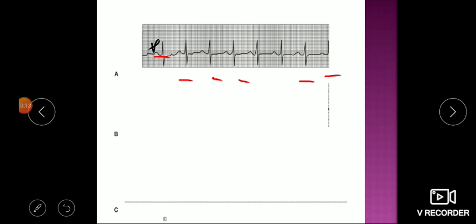Gradually in this ECG, from here to there, if you keenly observe, the PR interval is increasing slowly. Normally the PR interval should be constant in each and every beat, but you can see the PR interval here and here, it is increased, it is beyond 0.2 seconds.